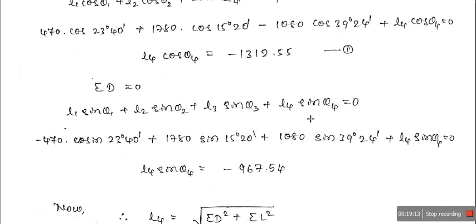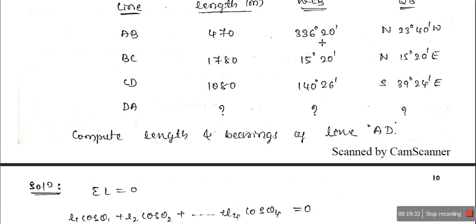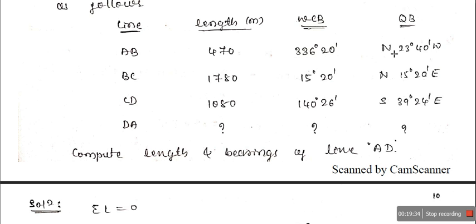Because only 4 sides are there, that's why I am considering the 4 equations here, for latitudes and departures. By observing theta 1, it lies in the fourth quadrant, northwest.